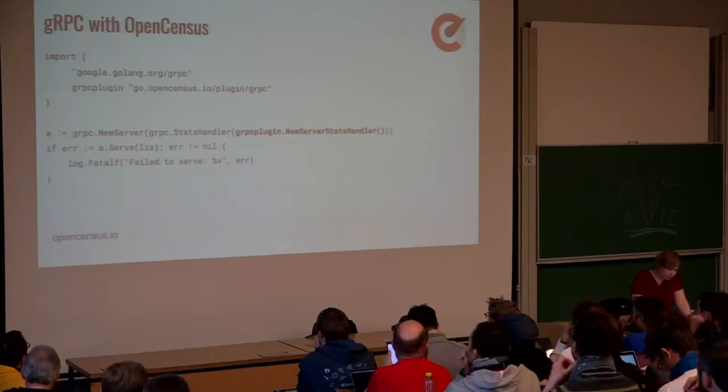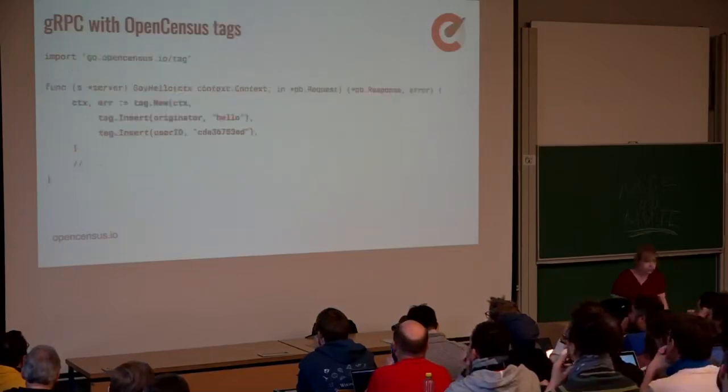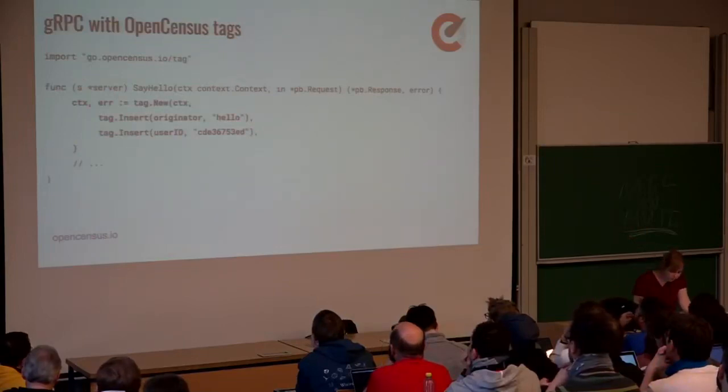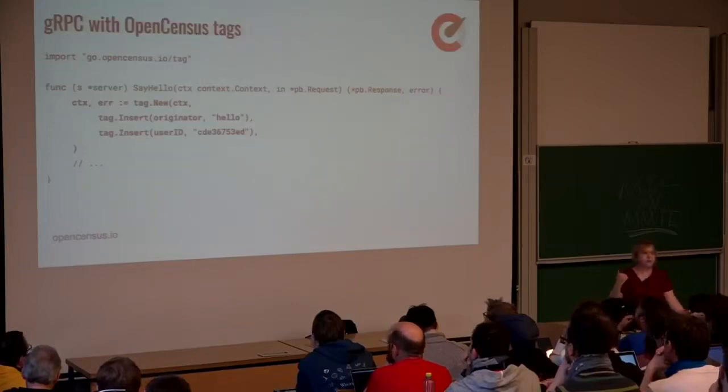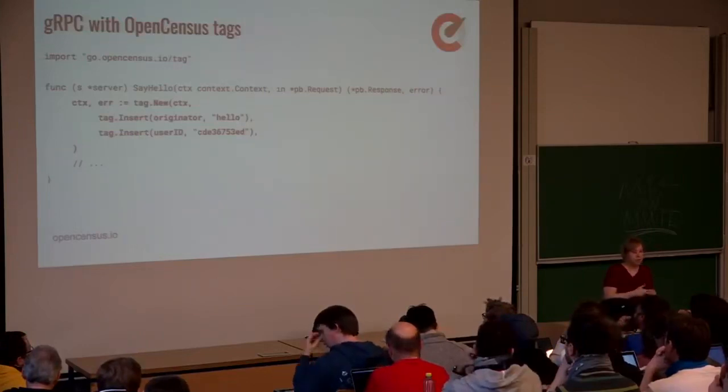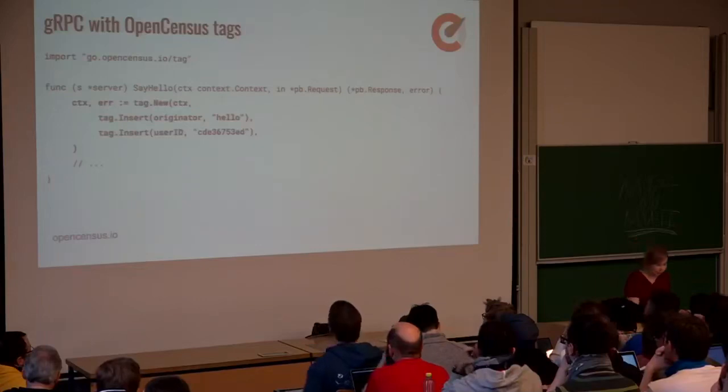You can see the new server stats handler. In the handler, you can extend the incoming tags from the current context. In this case, I'm inserting hello as the originator server, and inserting the user ID as well. Then it will be possible for the backends to break down the collected data with originator servers and user ID.